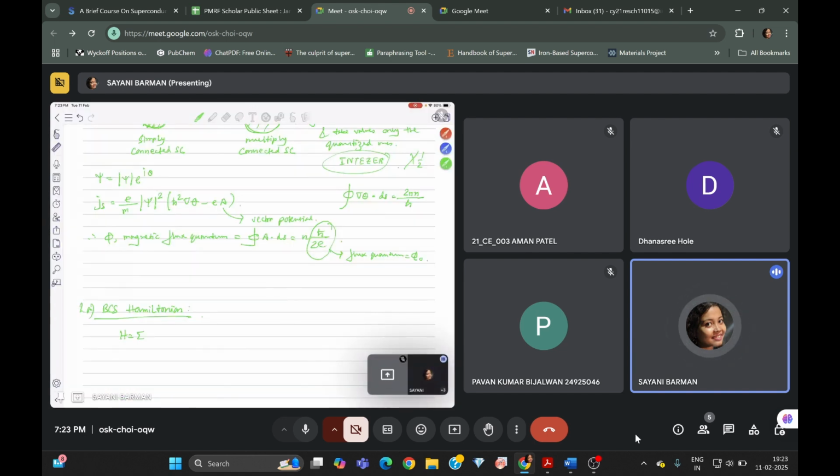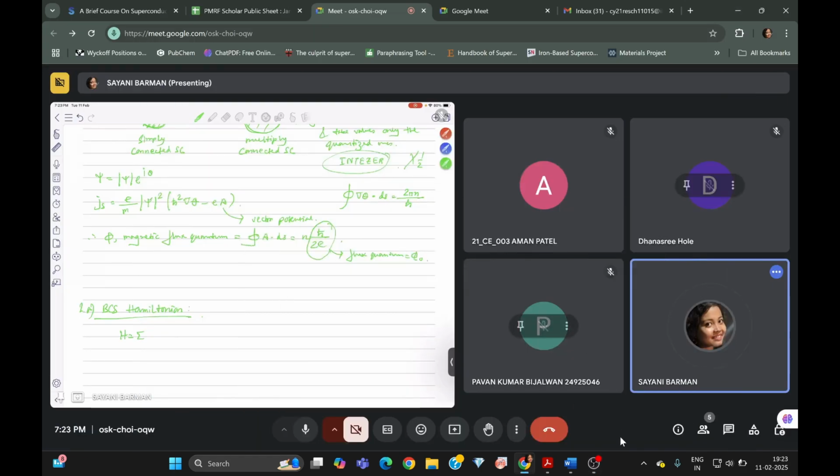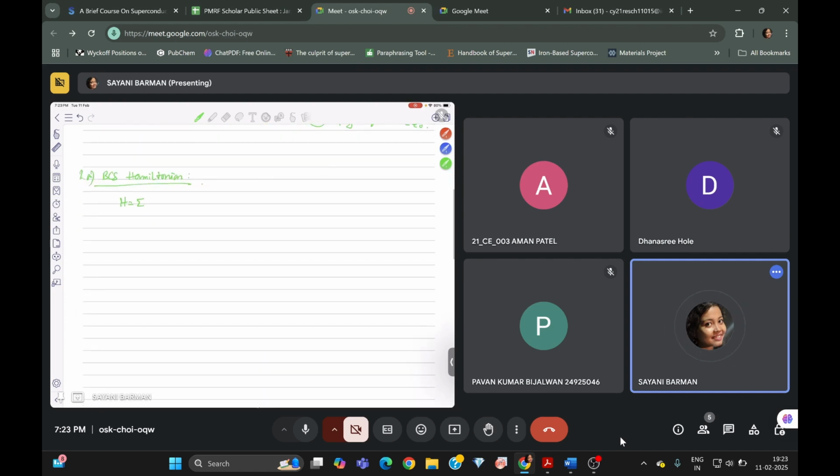Let me check whether it's recording or not. Yeah. So we were on the flux quantization.